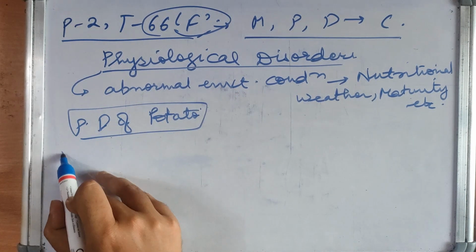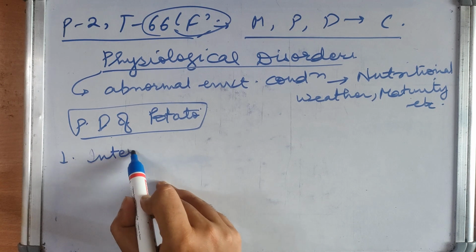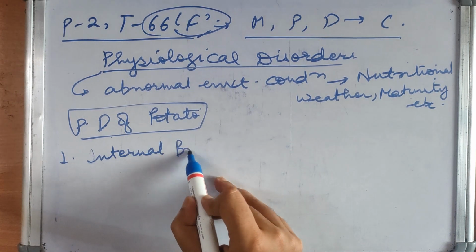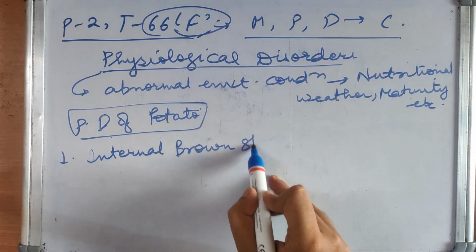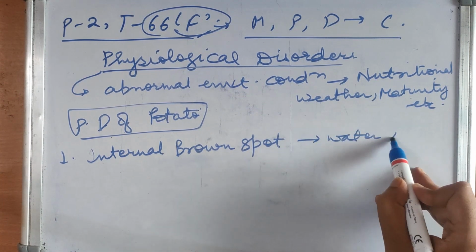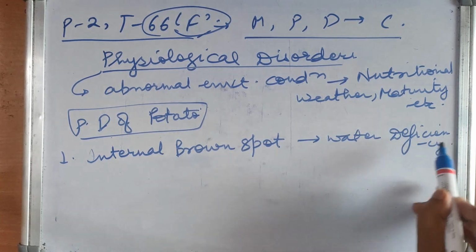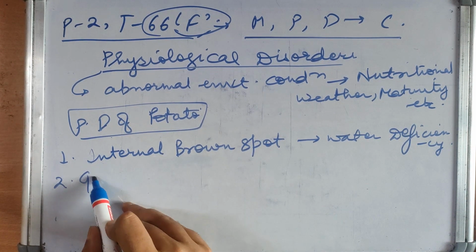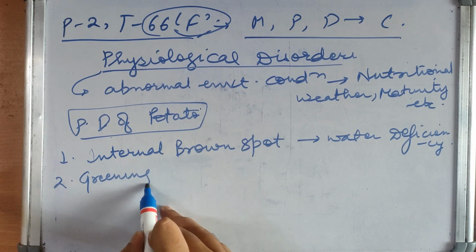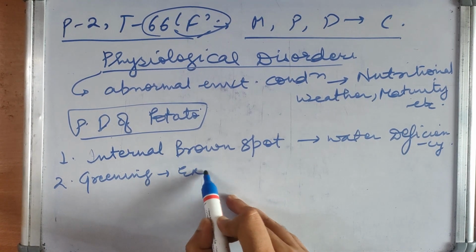The first physiological disorder of potato is internal brown spot. It is due to water deficiency. Second one is greening.